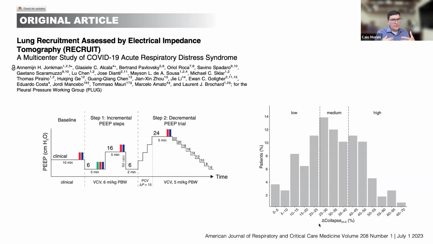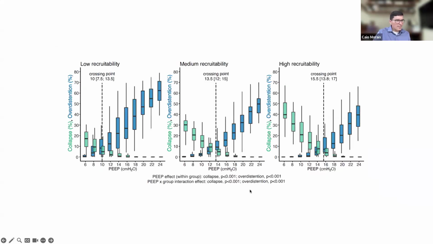That means the regional change in compliance using EIT to estimate the collapse. And in this paper, the authors use this method to stratify patients as low, medium, and high recruitability using a cutoff of higher than 40% change in collapse during a decremental PEEP trial.